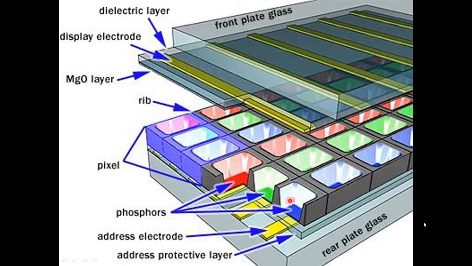The address electrodes sit behind the cells along the rear glass plate, while the transparent display electrodes, which are surrounded by insulating dielectric materials, are mounted above the cells along the front glass plate. Both sets of electrodes extend across the entire screen. The display electrode is covered by a magnesium oxide layer.